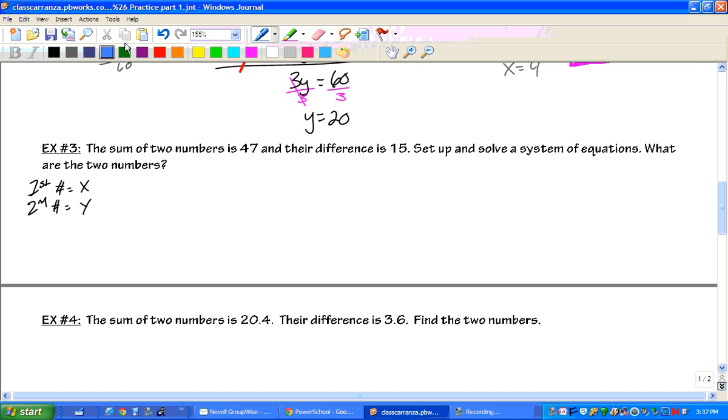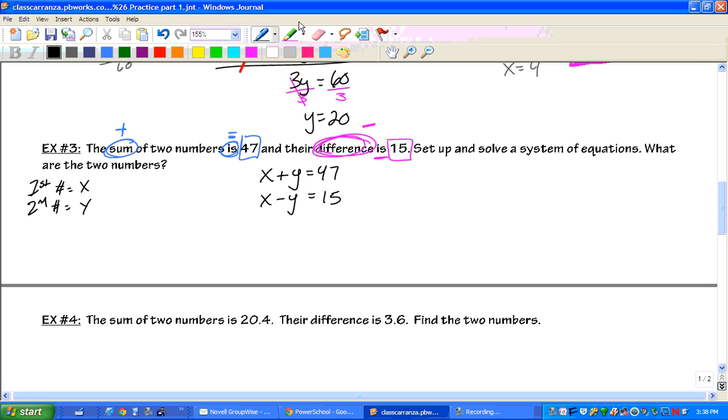So it's saying that the sum means to add two numbers is equal to 47. Their difference means to subtract, is 15. So when you subtract those numbers, it's 15. What are the two numbers?